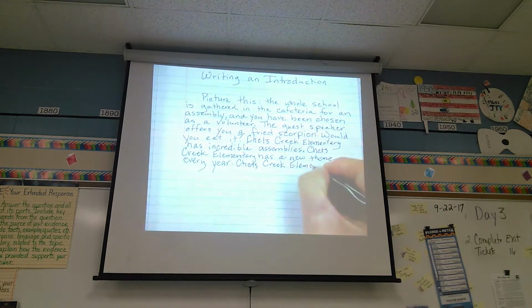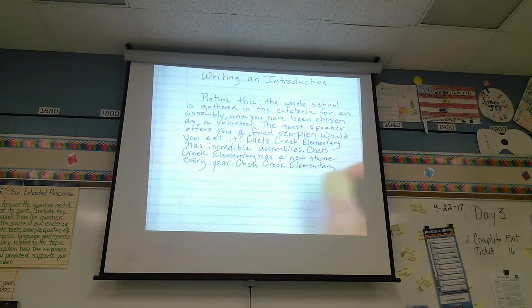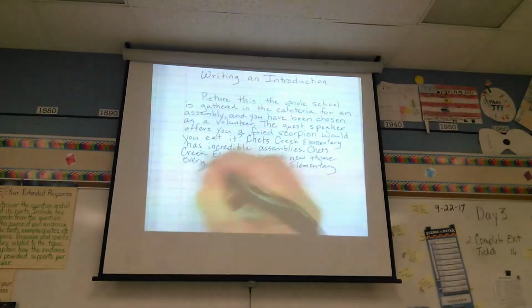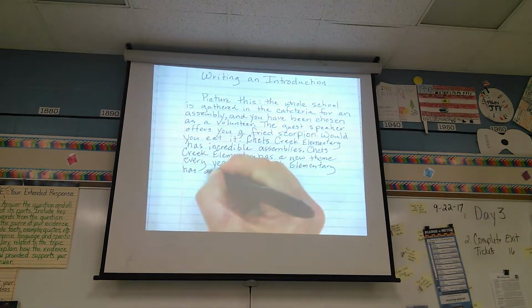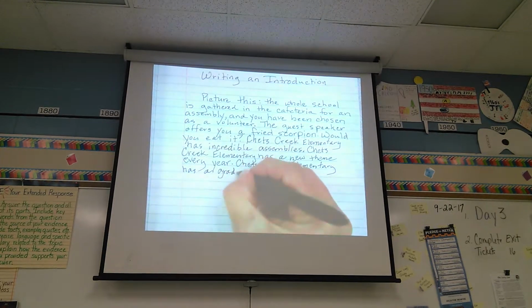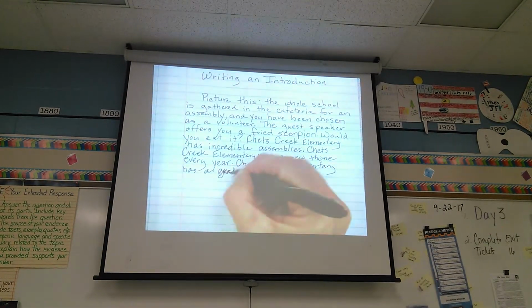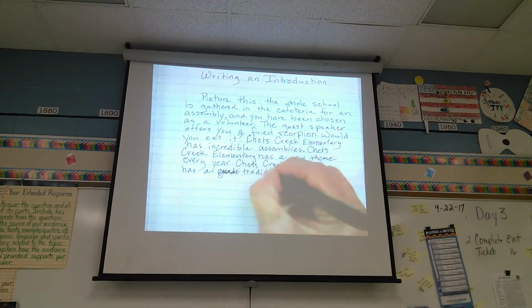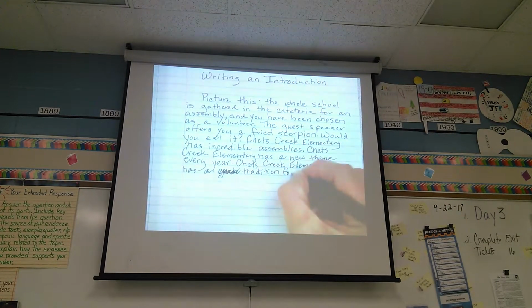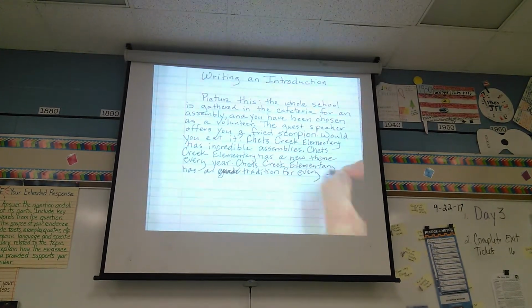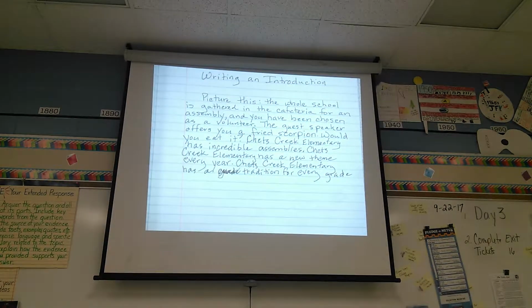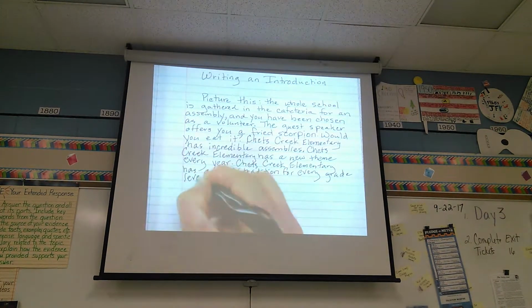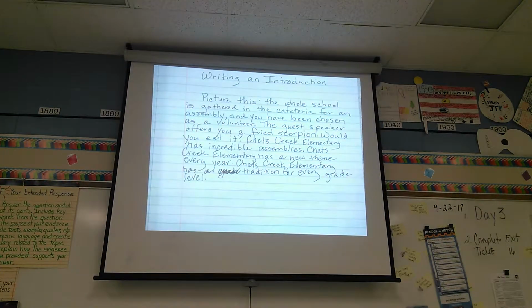So if I've done the work in my planning sheet, the actual writing is easy. Schitt's Creek Elementary has a tradition for every grade level. And if you remember our checklist, it says engage the reader in 2 or 3 sentences, write a sentence for each of the 3 main ideas, and then end with the thesis statement.